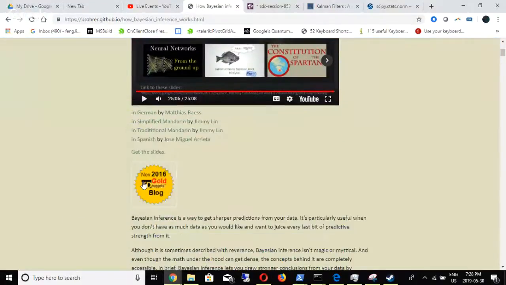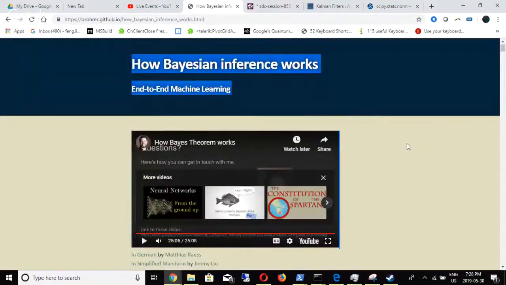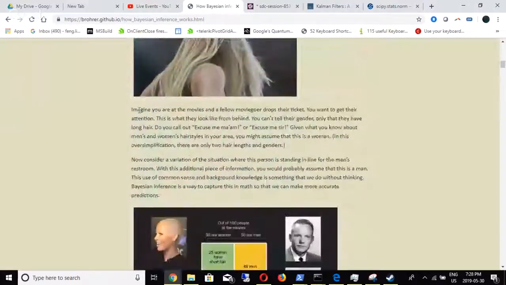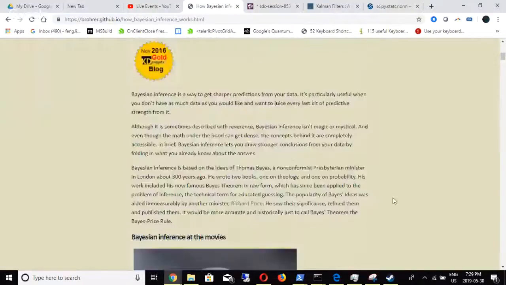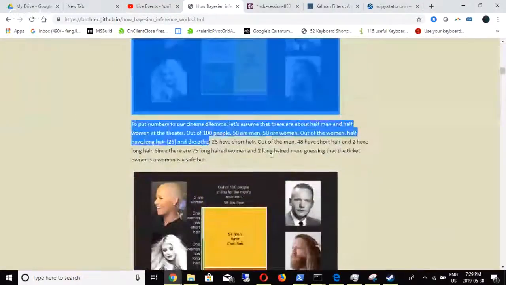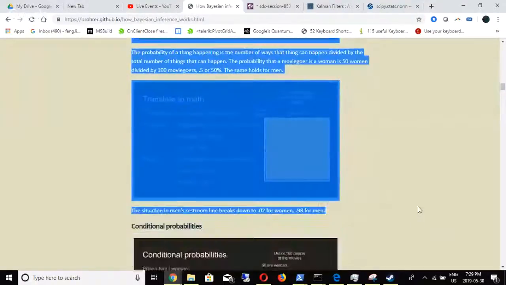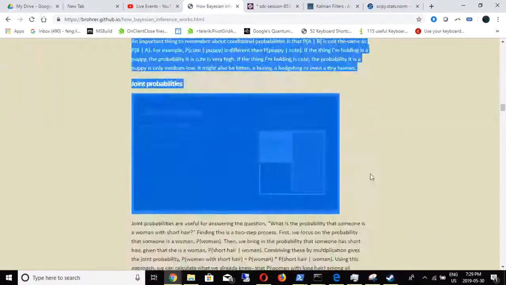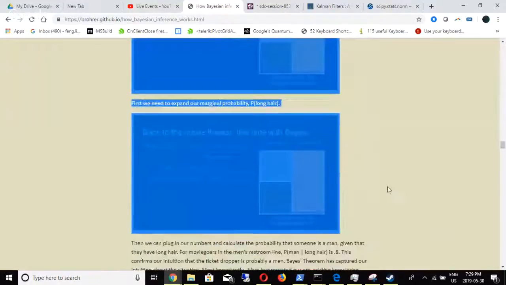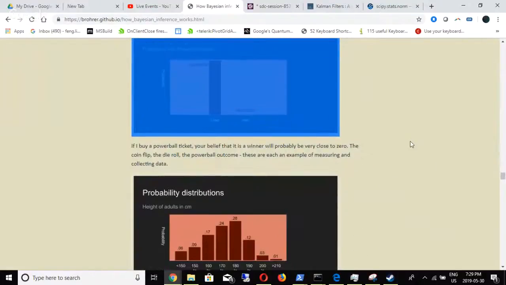And actually, there are more examples about Bayesian inference. This article here will go through a lot more examples. It goes from simple probability to probability distributions, and it will try to explain to you gradually how the PDF is derived, how it works.